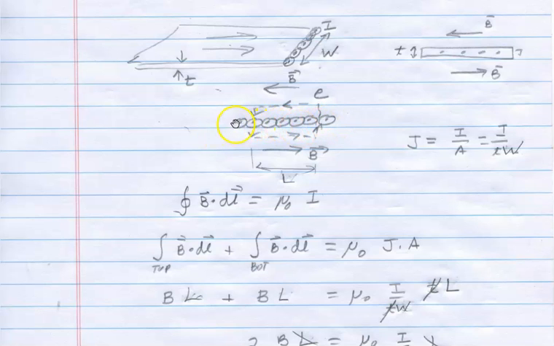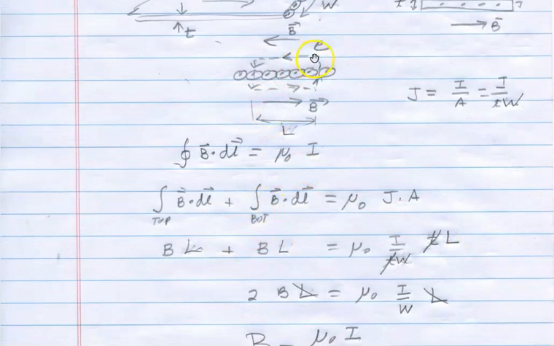These are on the outside. If this total length is width, only the current through the length L, not through the whole width, cuts it. And so I have the current density, which is constant, times the area that the current is flowing through. Well, that's just T, the thickness, times the length L, which is the portion of the total width that it flows through.